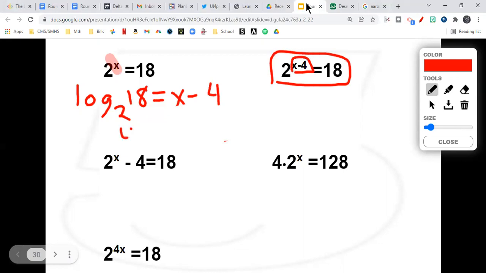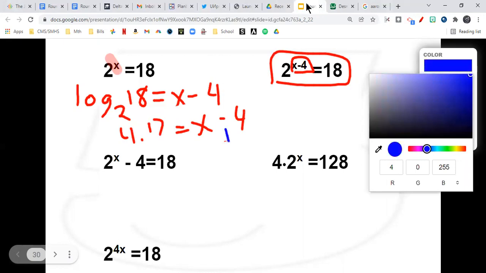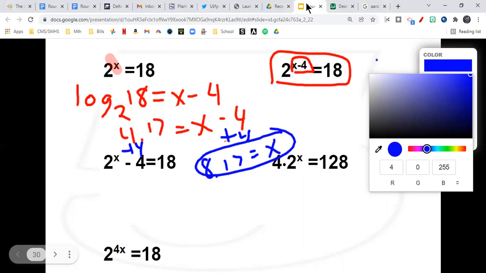And then we got 4.17 equals x minus 4. So then we would just add 4 and add 4 here, and I would get 8.17 equals x.